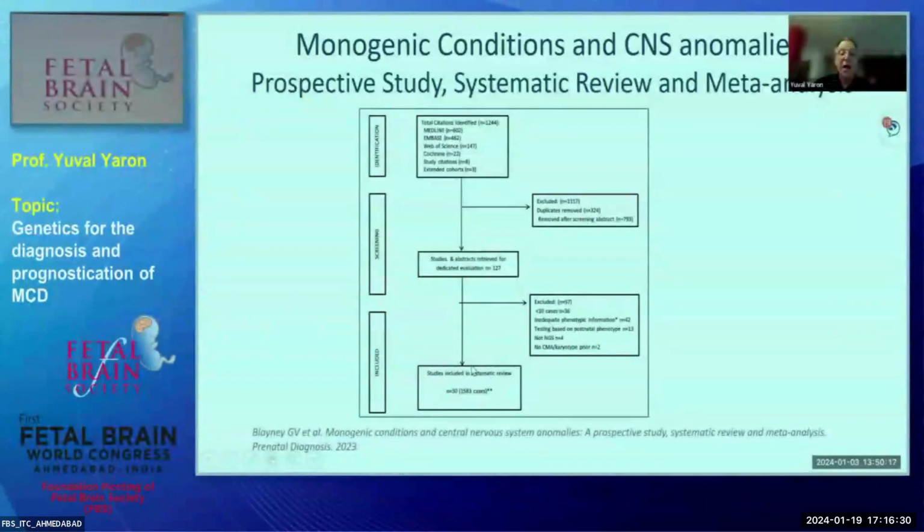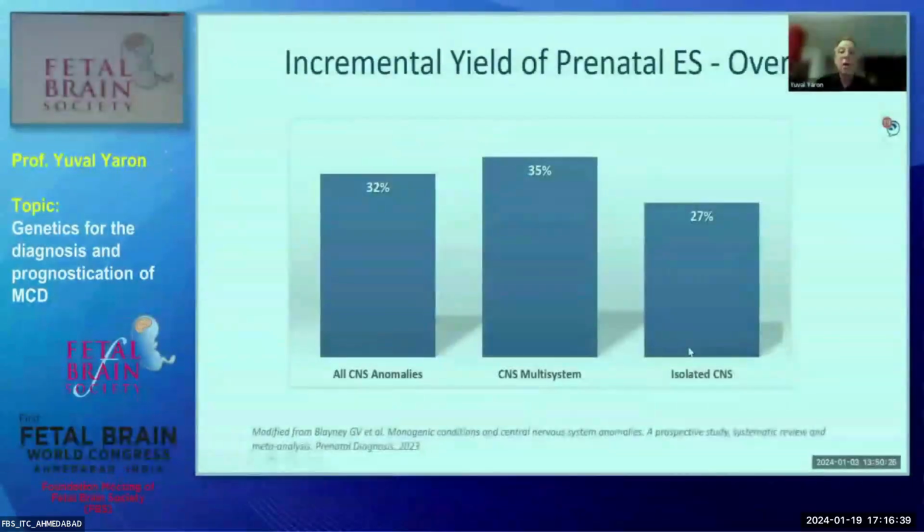The study included 30 studies with greater than 1,500 cases. And the incremental yield over chromosomal microarrays is quite similar to our study. So for all CNS abnormalities, the incremental yield was 32%, for multi-system 35%, and for isolated brain abnormalities 27%.